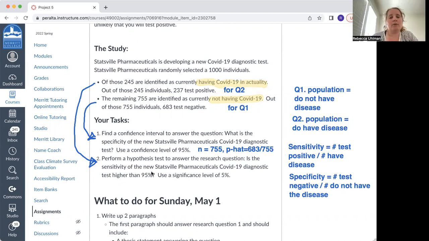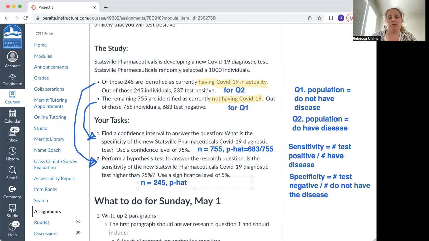For the second question, we're looking at sensitivity. Again, sensitivity, we're looking at the proportion that test positive out of those that have the disease. In this case, looking at the first bullet point, we have 245 individuals that have COVID.